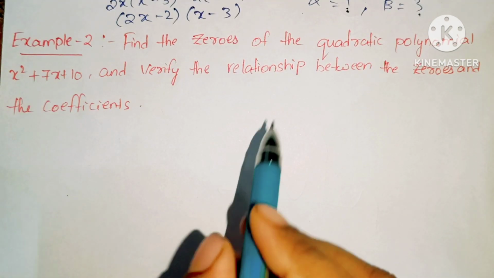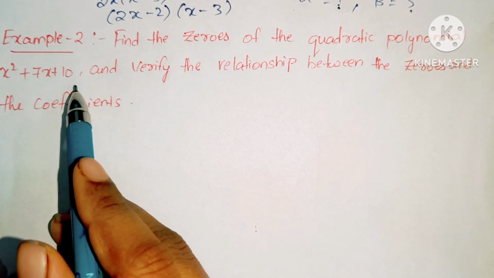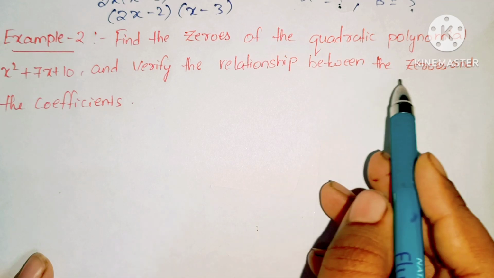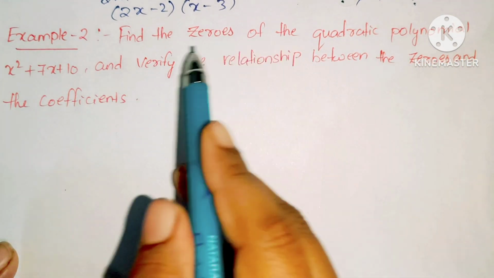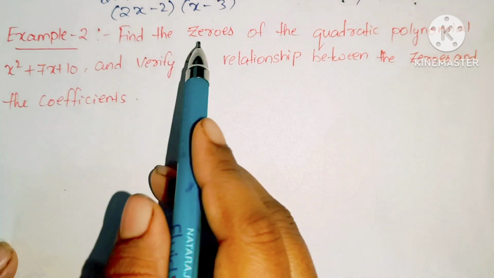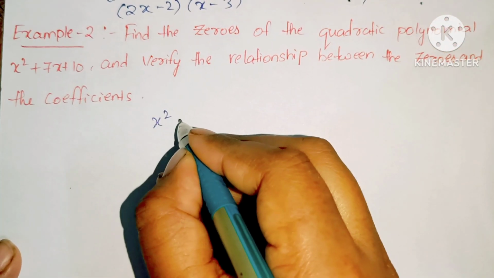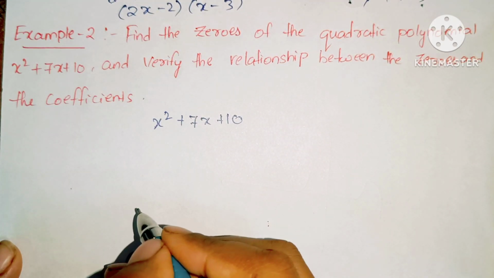Next, find the zeros of the quadratic polynomial x square plus 7x plus 10 and verify the relationship between the zeros and the coefficients. First it says to find the zeros of the quadratic polynomial. Zeros means roots, right? So let us first write down x square plus 7x plus 10. For this you have to find the roots.